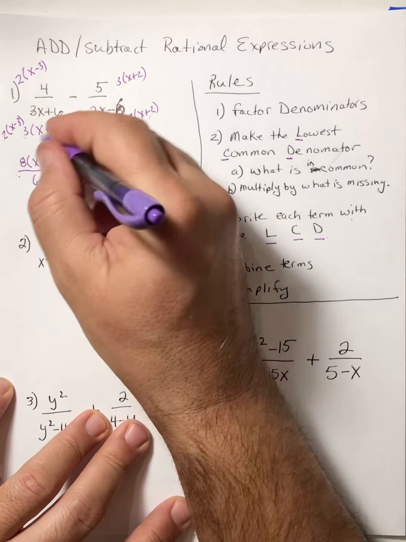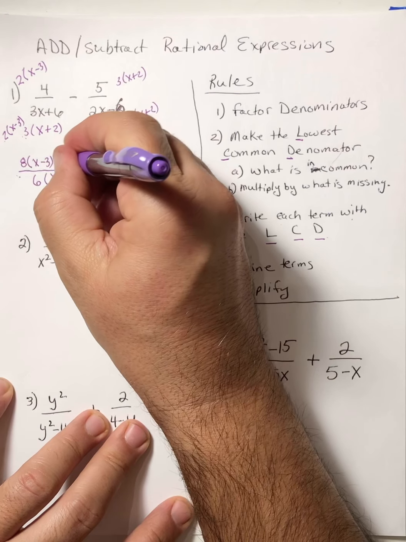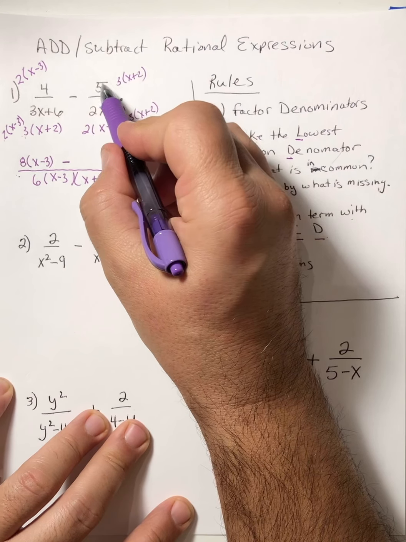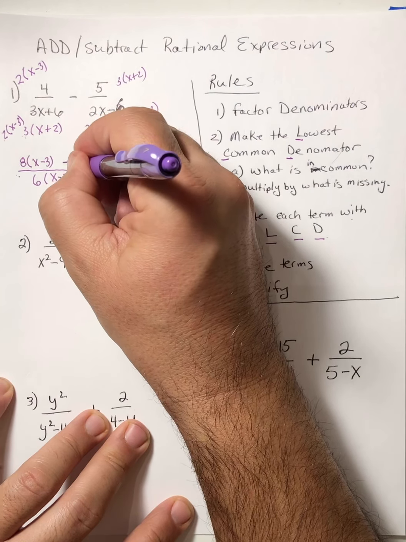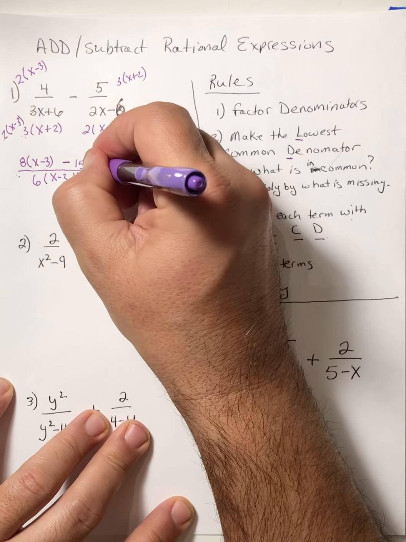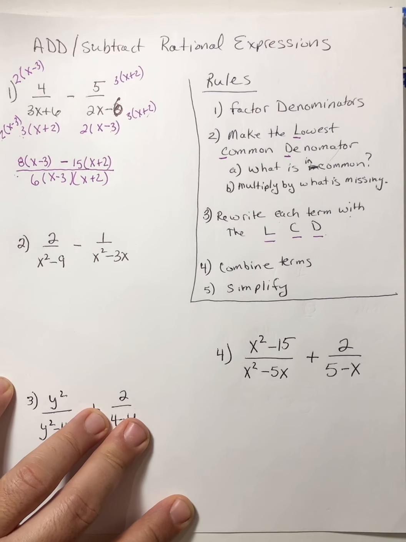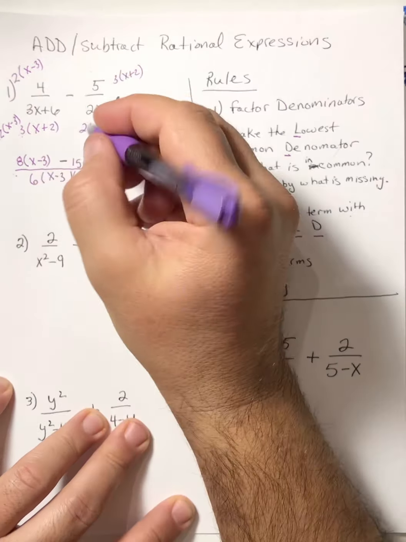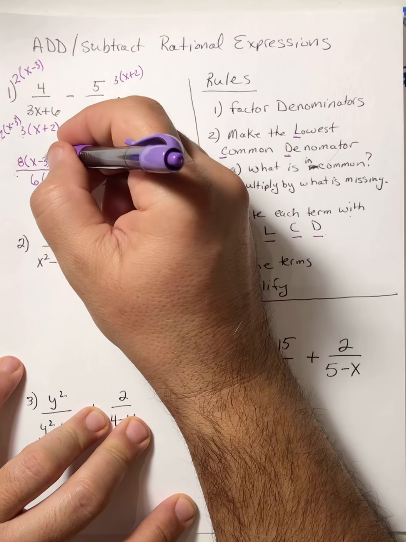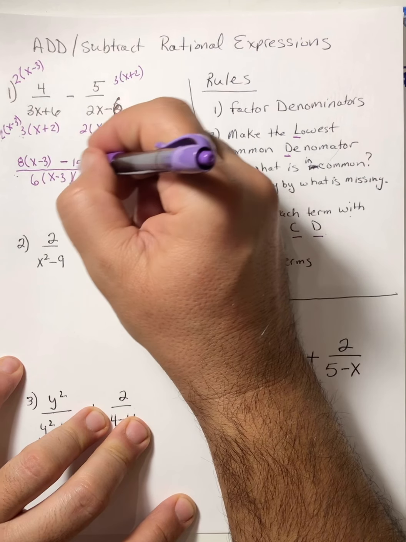Some of you would do that all in one step. Minus 3 times 5 is 15 times x plus 2. So I did this in 2 steps. Normally I would do it in 1. Okay. So now I have to distribute my 8 and distribute the negative 15.